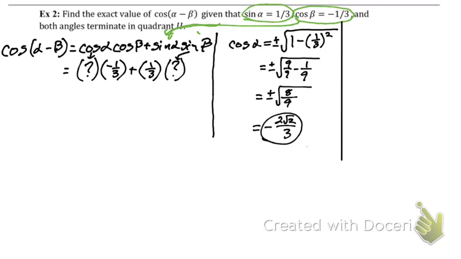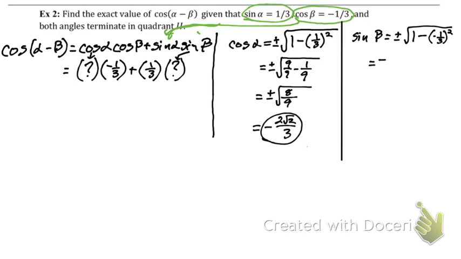All right, the other thing I need to find is, what are we missing? We're missing sine beta. So we just need to find sine beta on the next one. Well, sine beta is going to equal plus or minus the square root of 1 minus cosine beta squared. And in this case, my cosine beta equals negative 1/3. So that is, once again, my cosine beta squared.